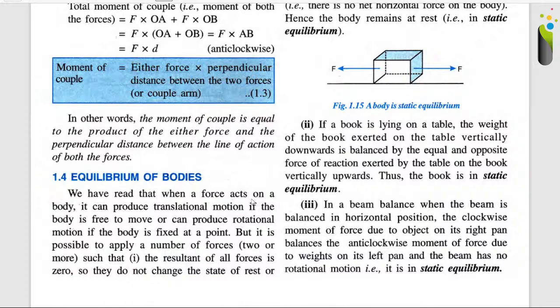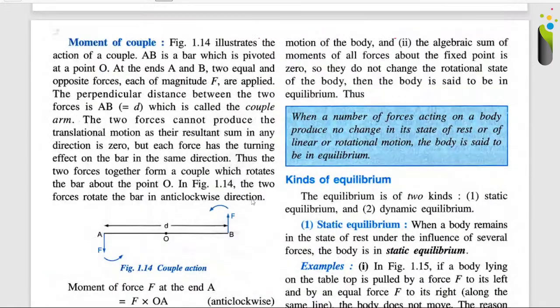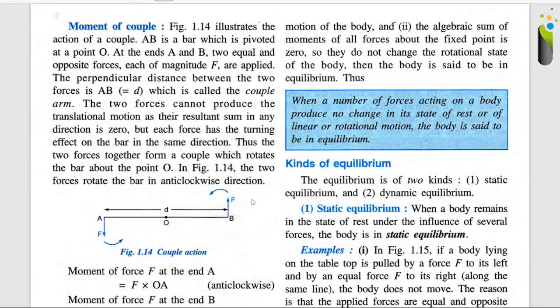But it is possible to apply a number of forces, two or more, such that first, the resultant of all forces is zero, so they do not change the state of rest or motion of the body, and second, the algebraic sum of moments of all forces about the fixed point is zero, so they do not change the rotational state of the body. Then the body is said to be in equilibrium. Thus, when a number of forces acting on a body produce no change in its state of rest or of linear or rotational motion, the body is said to be in equilibrium.